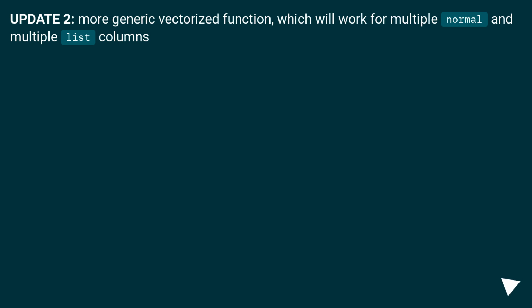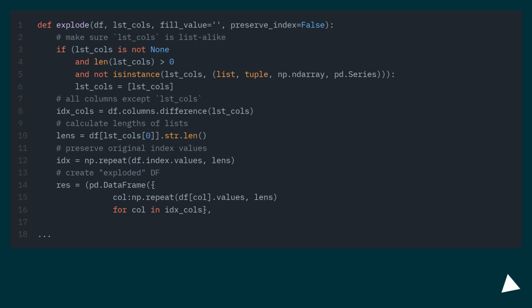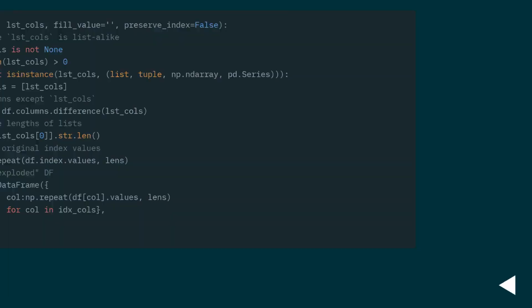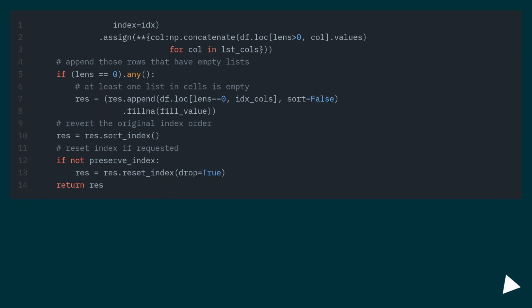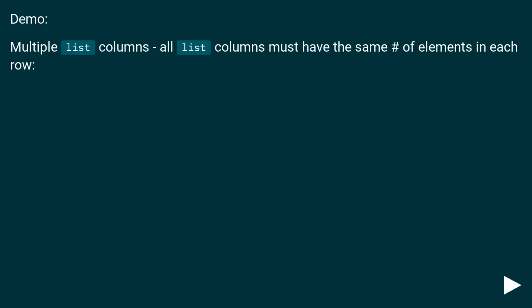Update 2, more generic vectorized function, which will work for multiple normal and multiple list columns. Demo.